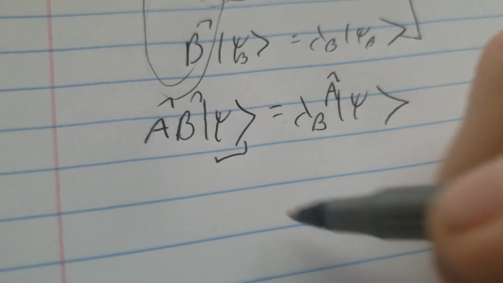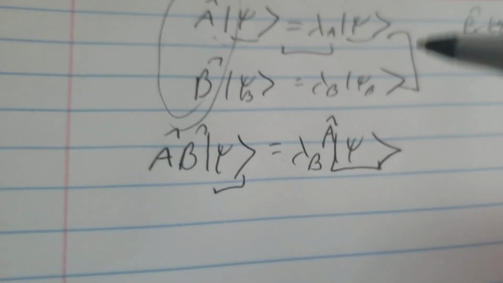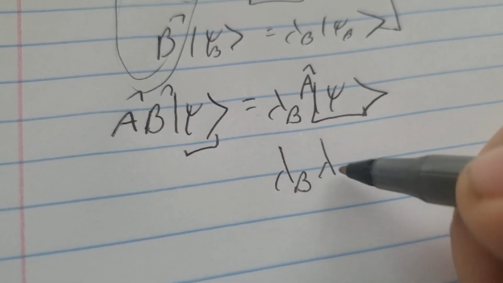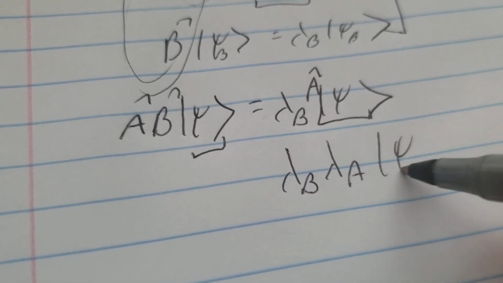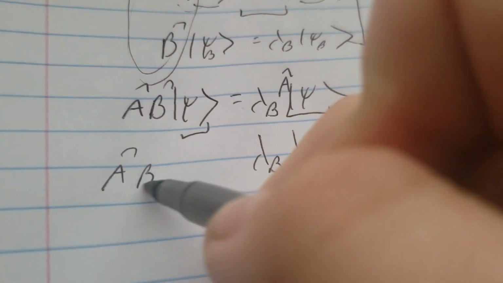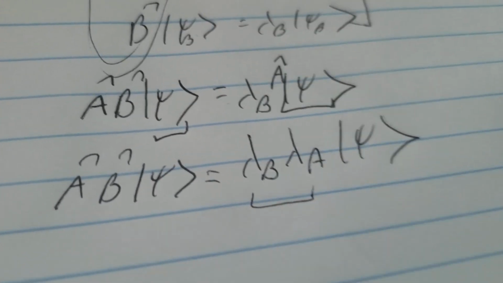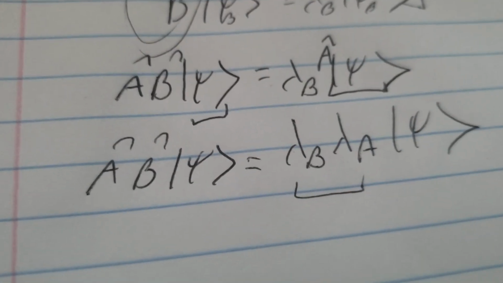That's just a constant, so it'll be pulled out here. And by definition, it'll be an eigenstate as well of A hat, so it's going to be lambda B, lambda A, psi. So A acting on B acting on psi is just lambda A times lambda B times psi.